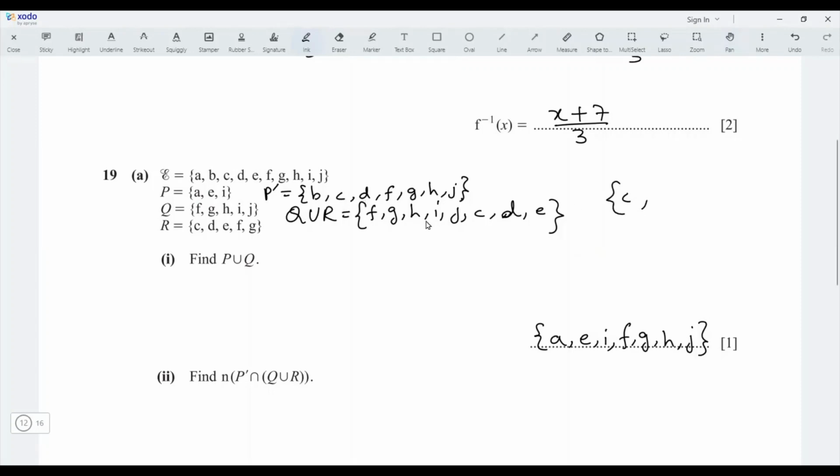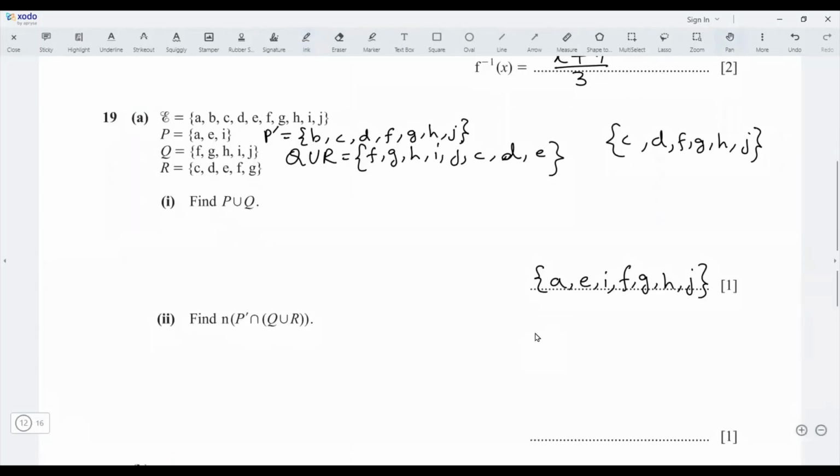What about other elements? Is d coming here? Yes, d as well. And e is not coming here. F, what about f? F is coming. Yes, we can write f here. Similarly, g is also written here, and similarly h is also in j. So how many elements are there? 1, 2, 3, 4, 5, and 6. So 6 is the answer for this. If you have written down 6, that will be fine. Any number other than this will result in 0 marks.